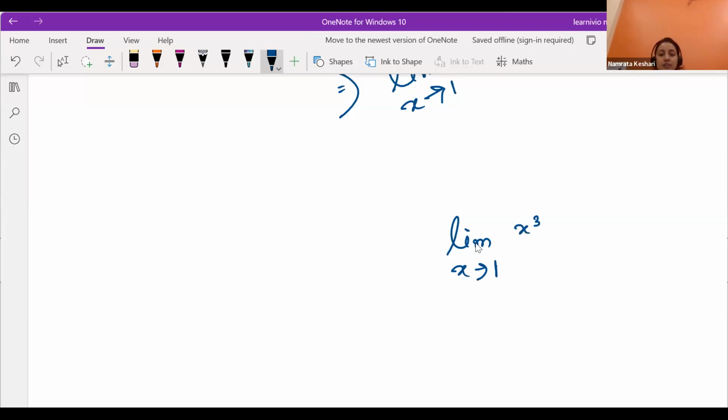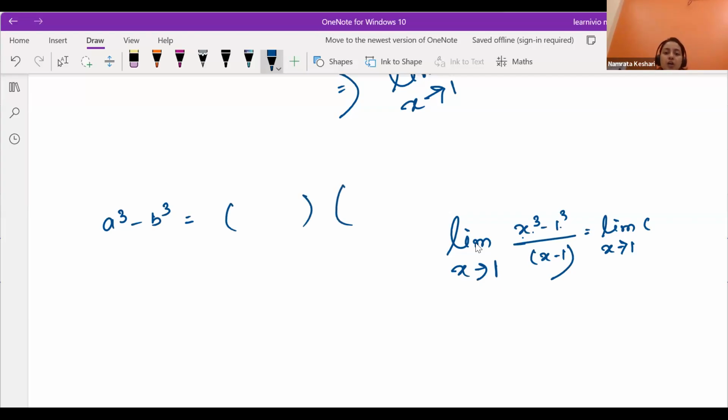This x cube minus 1, a cube minus b cube का फॉर्मूला हम यूज कर सकते हैं, हाँ या ना? Can we use the formula of a cube minus b cube? Do you know the formula for a cube minus b cube is? What is the formula? Ali and Alina, a cube minus b cube का फॉर्मूला क्या होता है?